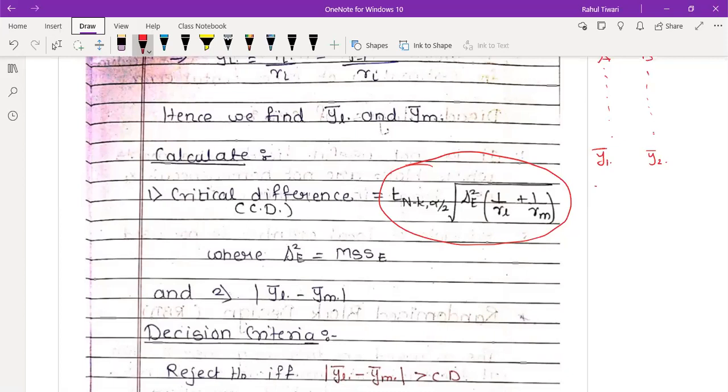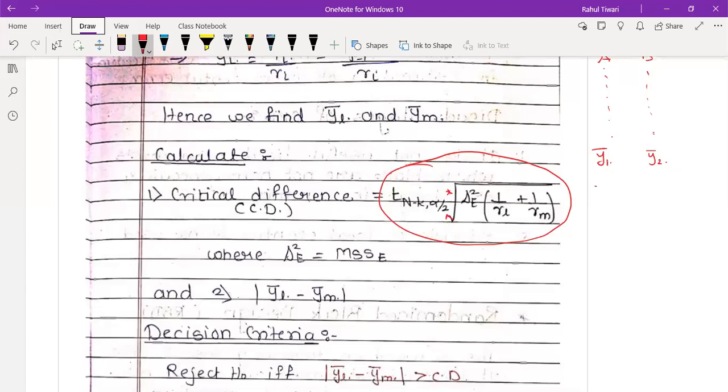So it is t with degrees of freedom, comma alpha by 2, into the square root of S square, which is known as the mean sum of square error, into 1 upon RL plus 1 upon RM.